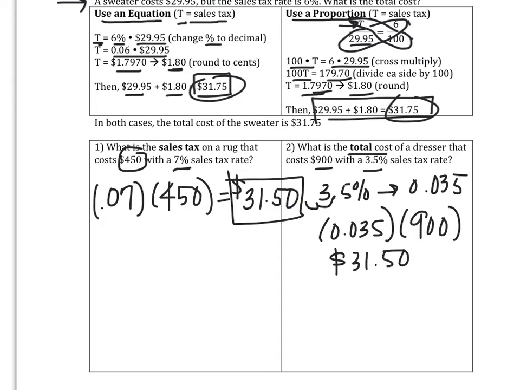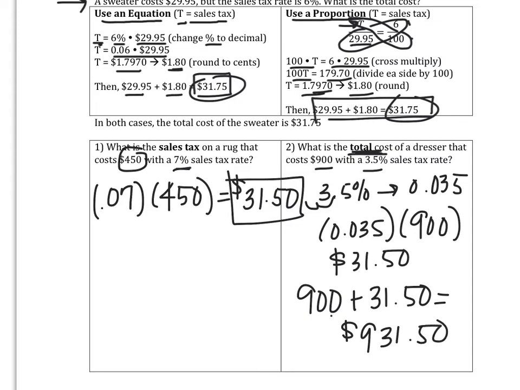That's our sales tax. And now we want to know the total cost. So this is how much we're paying for it, plus the tax. So the total cost we're going to pay for this item is going to be $931.50.